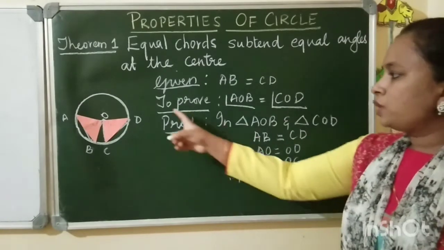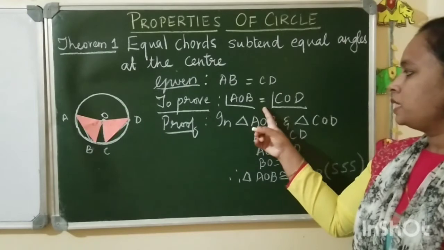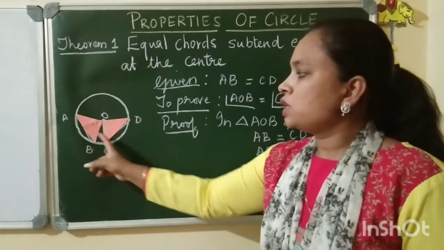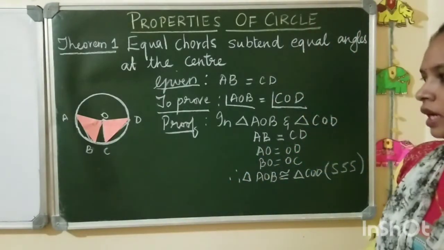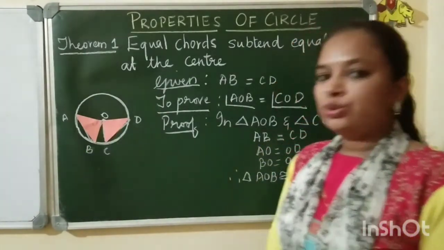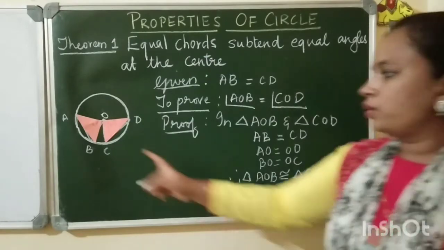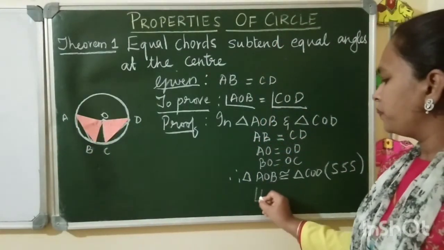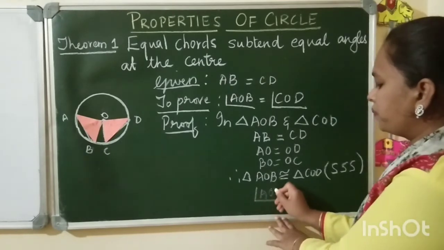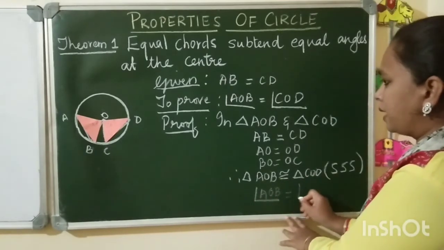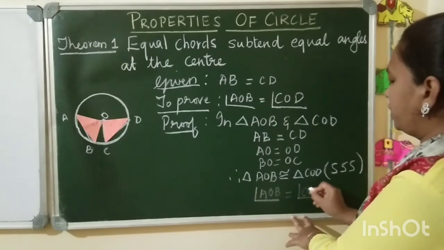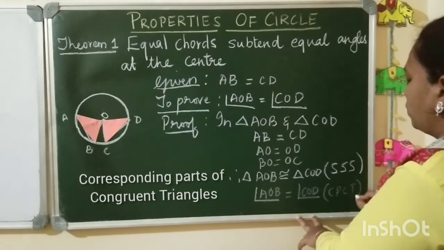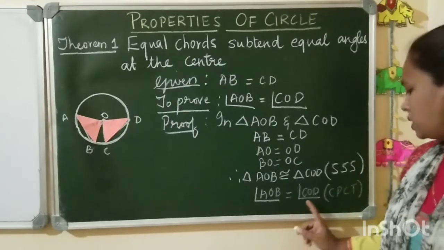Then what we need to prove is angle AOB is equal to angle COD. So now once you know that these two triangles are congruent, you can show that the other two angles are also equal. You can show now angle AOB is equal to angle COD because of CPCT.